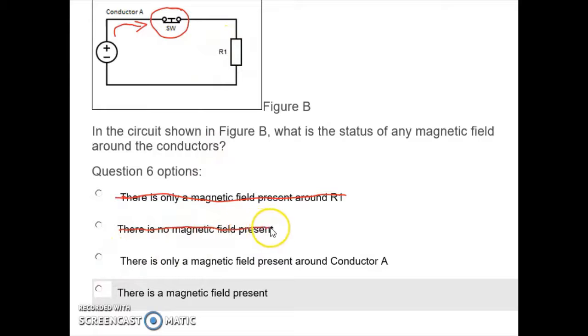This answer here is wrong because we know there's a magnetic field. This answer here is wrong because it's saying that there's only a magnetic field around this conductor. We have current flowing through the entire circuit, so there's a magnetic field around basically the whole thing. So the correct answer is there is a magnetic field present.